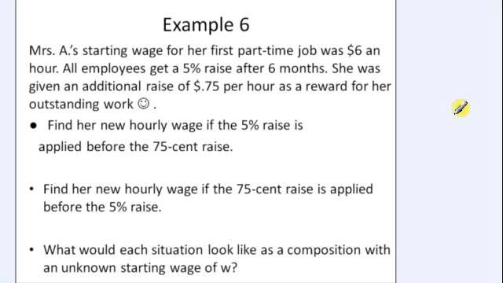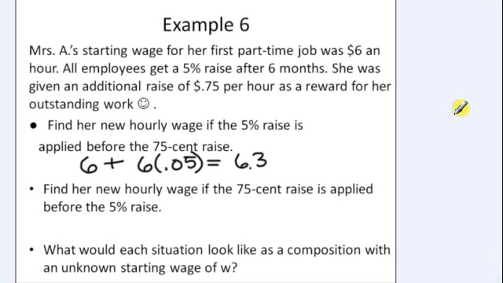Now, at first, you might not see how compositions are applied here, but we'll look at that in a little bit. So I started out with $6 per hour, and then in addition to that, I get a 5% raise, so that'd be 5% of $6, so 0.05 times 6, would bring me up to $6.30 per hour.